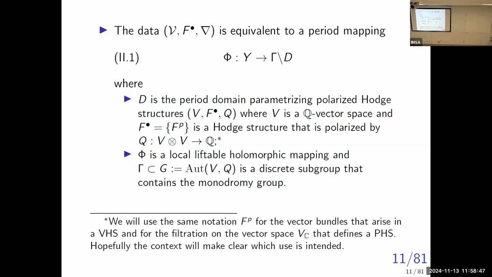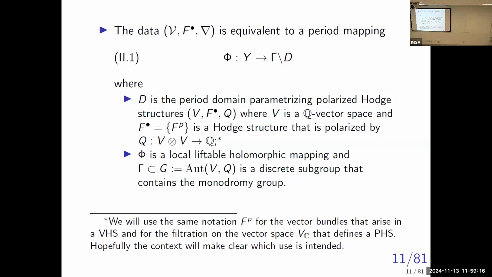So whenever you have a local system that is an integral connection, then you have a monodromy group because you can take a base point, and you take flat sections, horizontal sections for the flat connection, parallel translate around an element in the closed loop in the base, that generates the monodromy group.